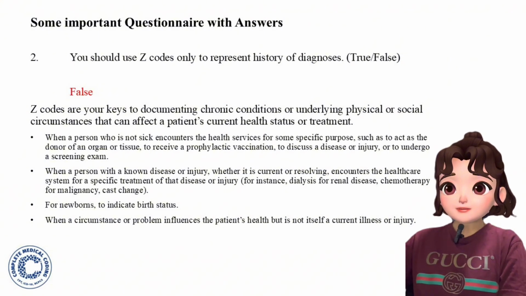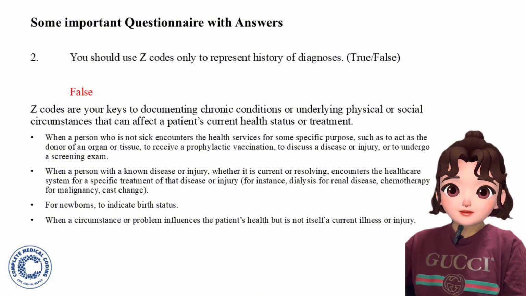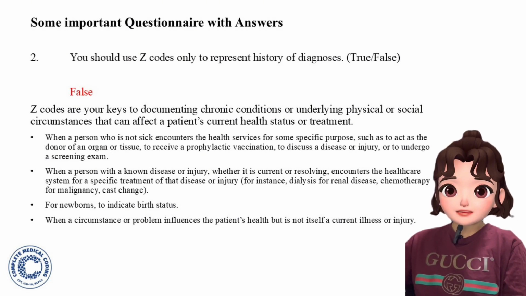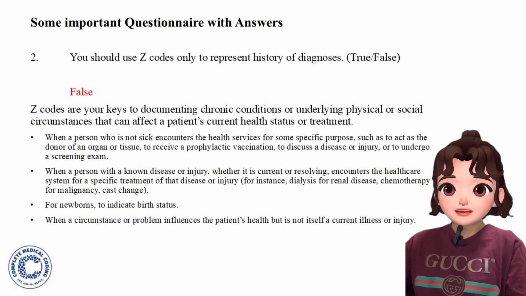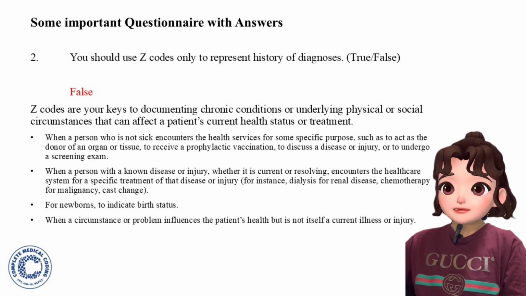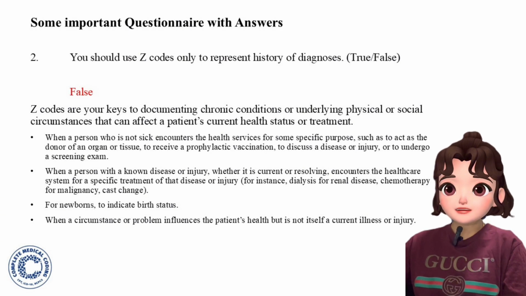For example, when a person who is not sick encounters health services for some specific purpose, like the patient who is acting as a donor of an organ, in that case, we will mark a Z code. Or else, when a person with a known disease or injury, whether it is current or resolving, encounters a healthcare system for some specific treatment which is related to that disease.